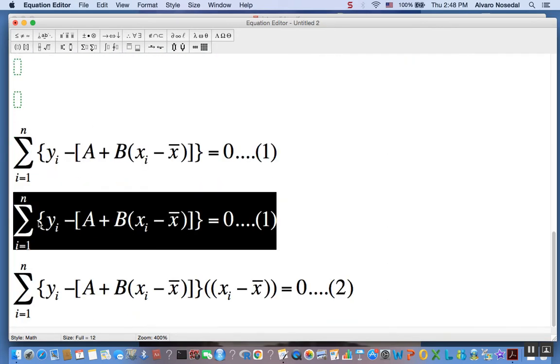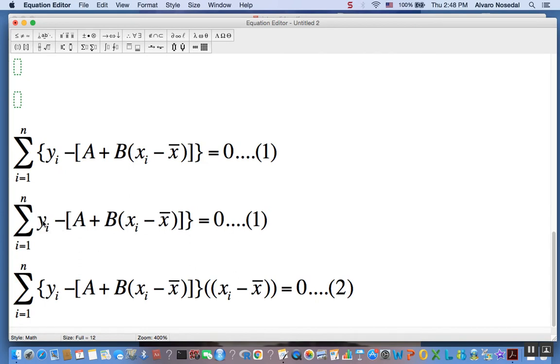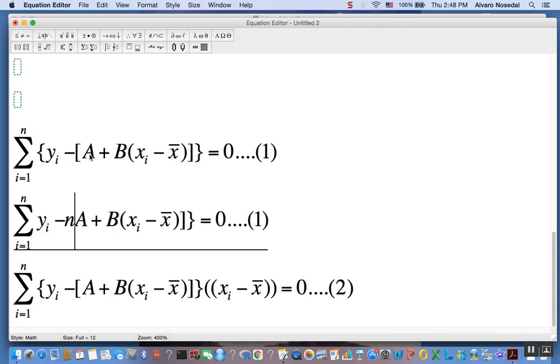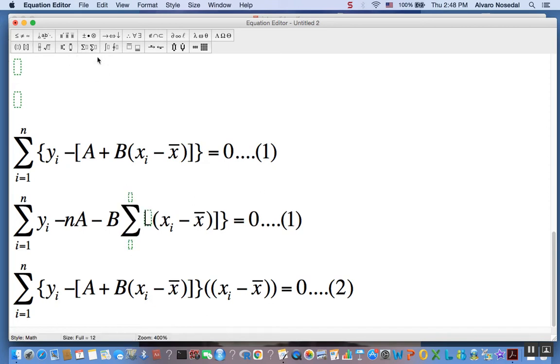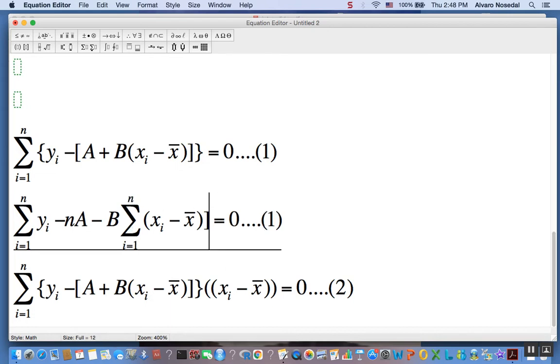So this is going to be summation of yi's, no problem, and then we're going to have minus n times A, uppercase A, right, minus B times summation of xi's, well, summation of xi minus x bar, right? So let me place it here. We're going to have this guy. Make sense?